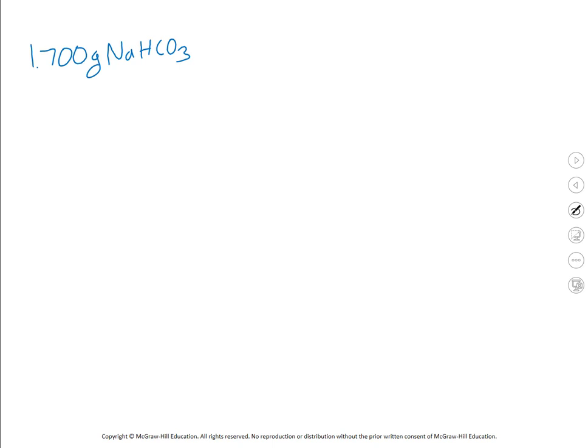I know we're running out of time today. So step 1, divide by the molar mass to get to moles. In the interest of time, we'll tell you the molar mass is 84.01, but you could find that just by adding up the sodiums, hydrogens, carbons, and oxygens. That will give us moles of sodium bicarbonate.